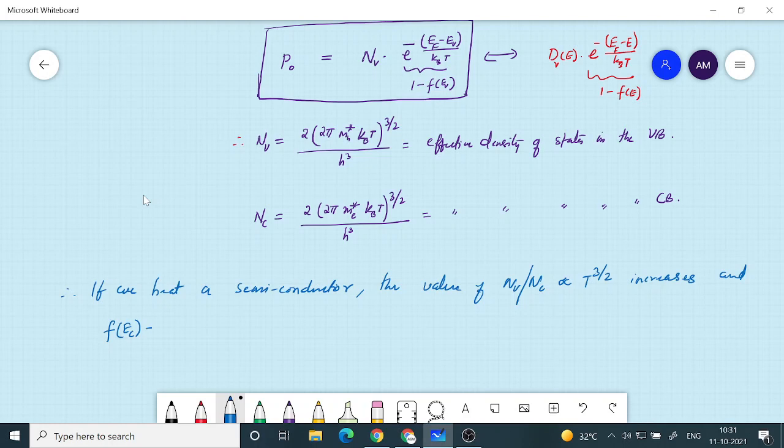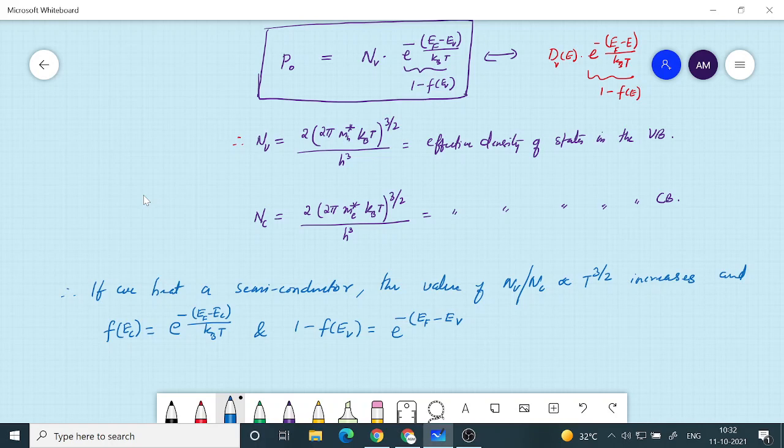f of Ec, which is equal to e raised to minus (Ec minus EF) by kBT, and 1 minus f of Ev, which is equal to e raised to minus (EF minus Ev) by kBT.